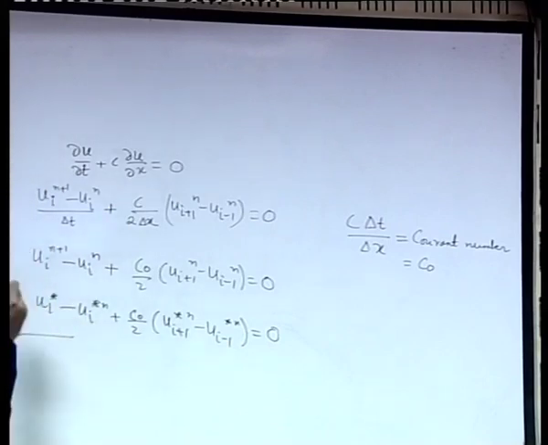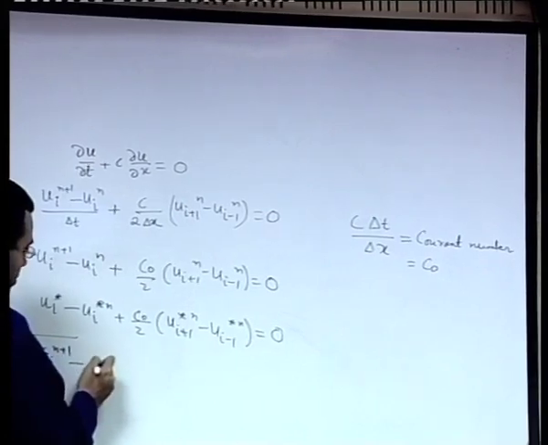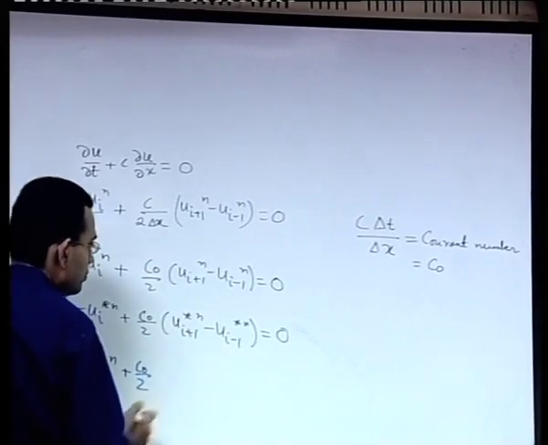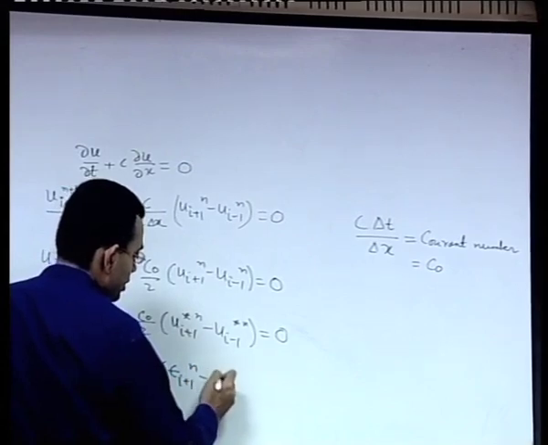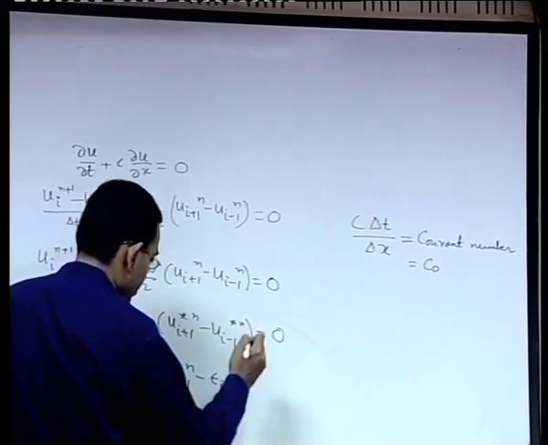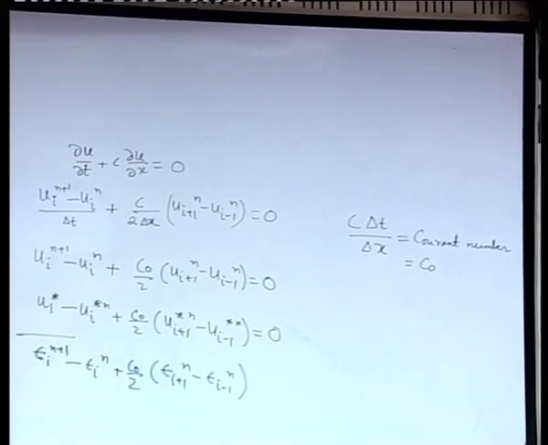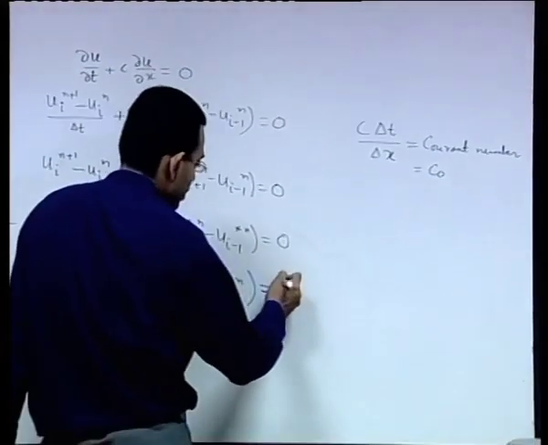So if you subtract this, you will get the corresponding error. So epsilon i n plus 1 minus epsilon i n plus Courant number by 2 times epsilon i plus 1 n minus epsilon i minus 1 n is equal to 0.